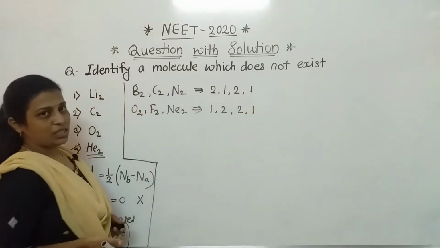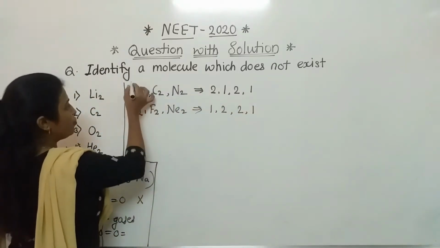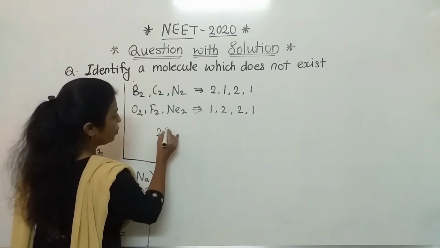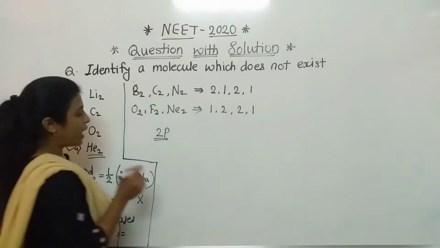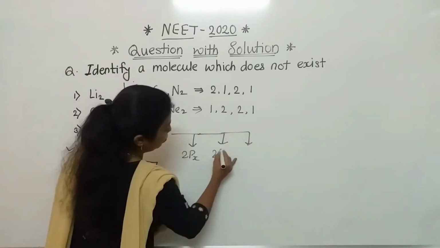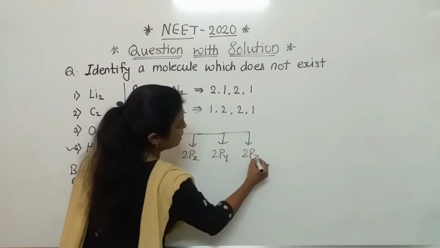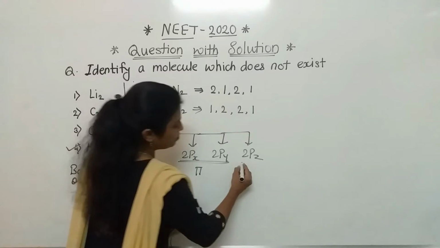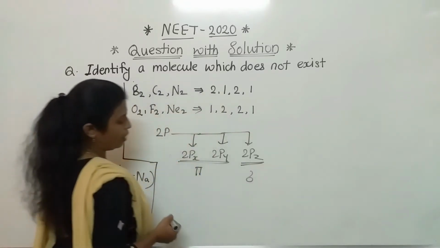Now what does it mean? See here. From boron to neon, the 2p orbitals get involved, and in 2p there are a total of 3 orbitals: 2px, 2py and 2pz. 2px and 2py form the pi, and here it is sigma 1.